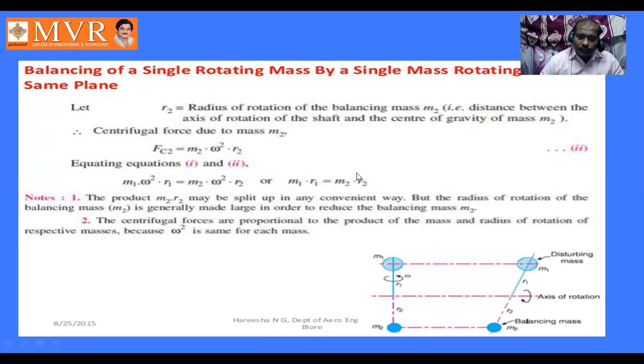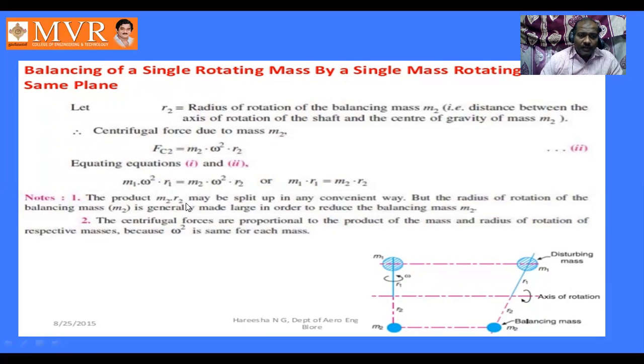For example, if r2 is a constant, m2 is calculated; if m2 is known, r2 has to be varied, because m1 r1 is the first balancing state. For example, this is 100 kgs. To bring this to 100 kgs, we can vary m2 and r2. If one is fixed, the remaining one can be the adjusting parameter. If r2 is known, m2 can be added to bring this to 100. Thereby, the unbalanced system can be brought into a balanced system.